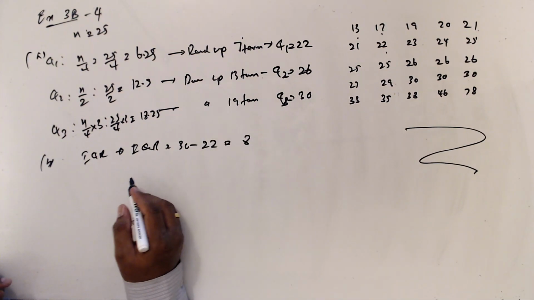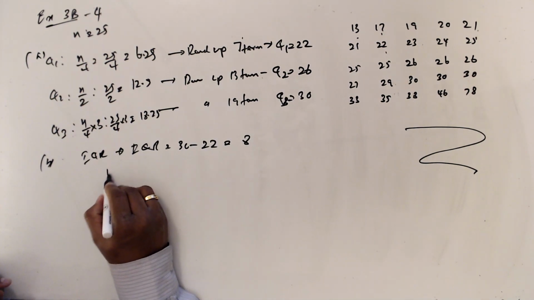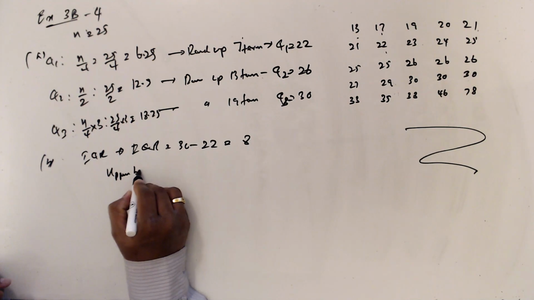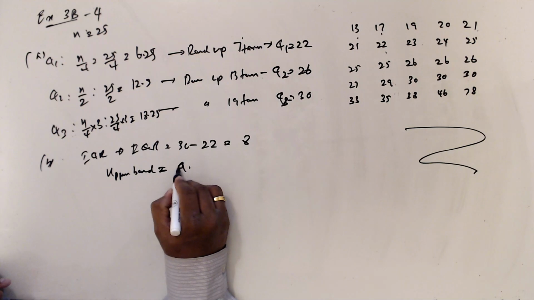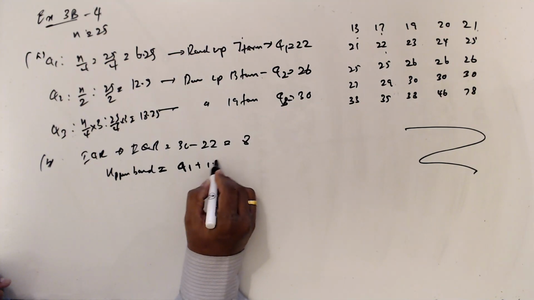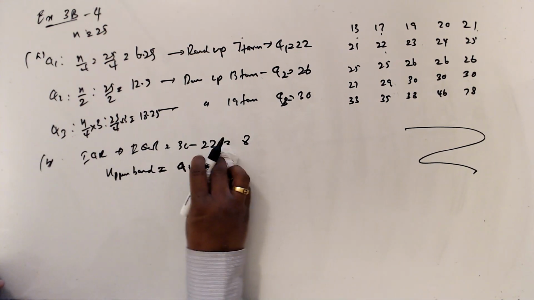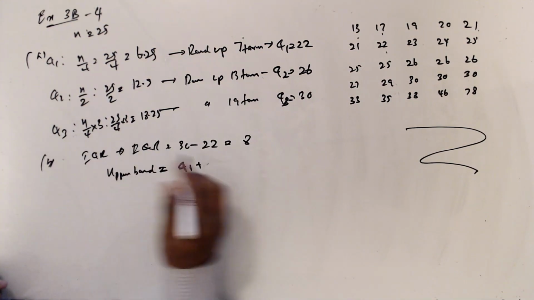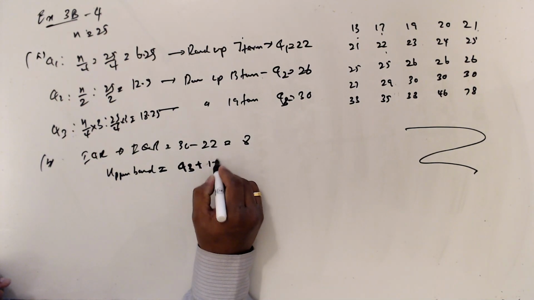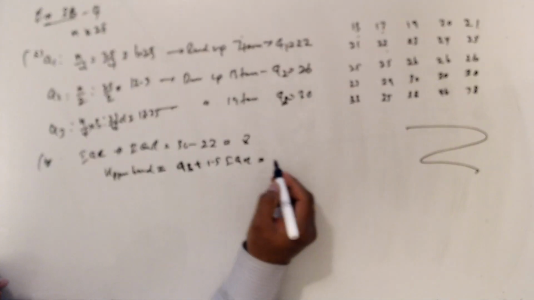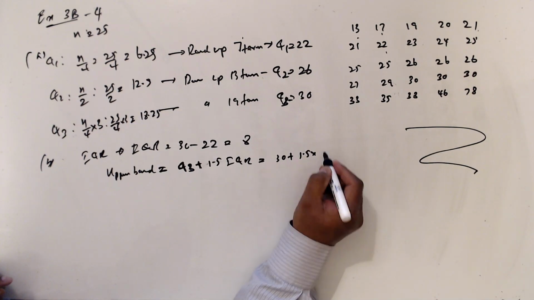Then we'll calculate the upper bound. It is Q3 plus 1.5 times IQR, which is 30 plus 1.5 times 8.